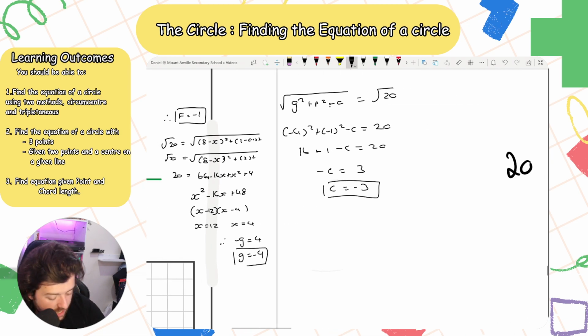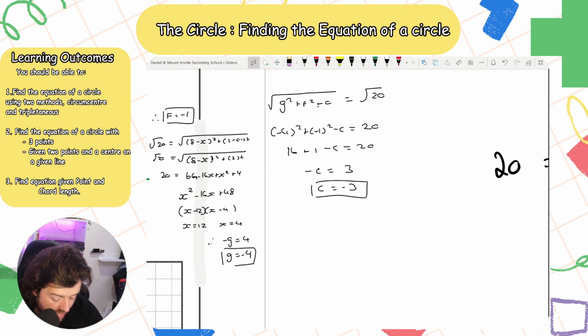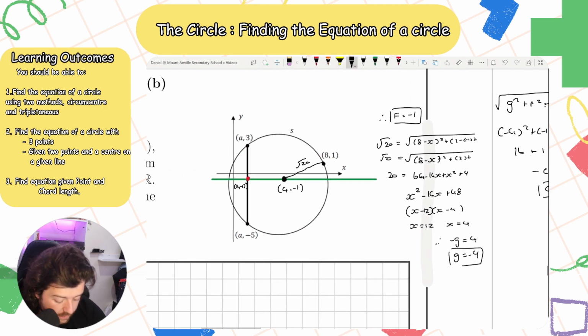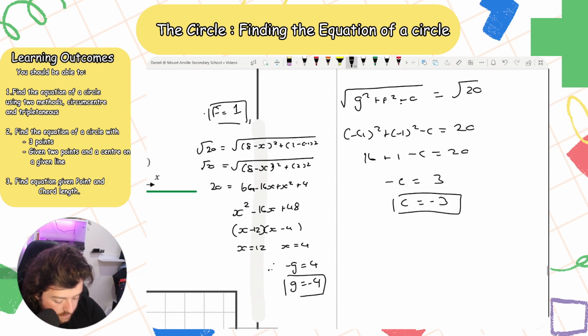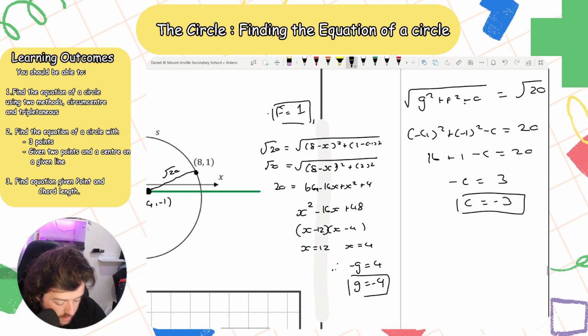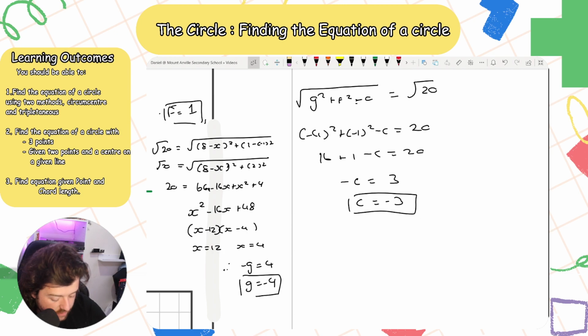So I now have g, f, and c. Well, sorry. I know my y coordinate here is minus 1. So minus f is equal to minus 1. f is actually equal to 1. So f is equal to positive 1. But that's it there. So I have g, f, and c.